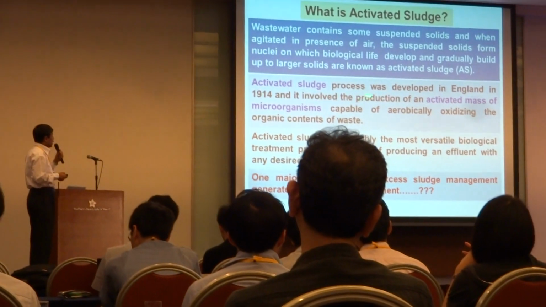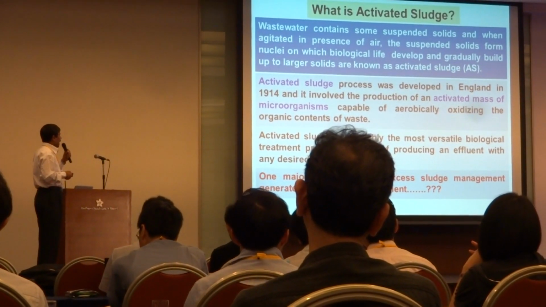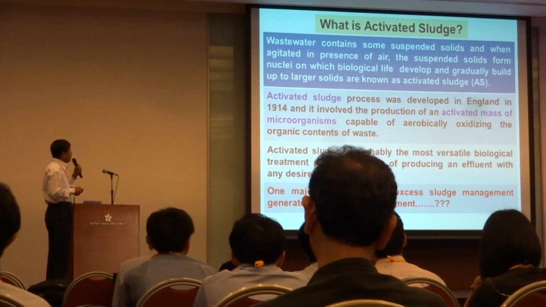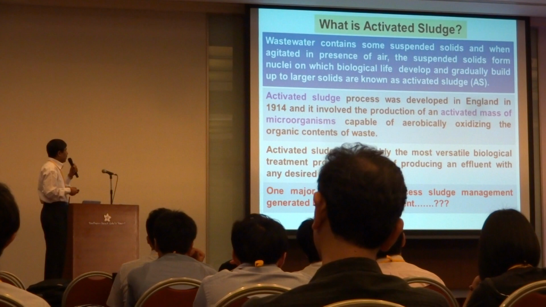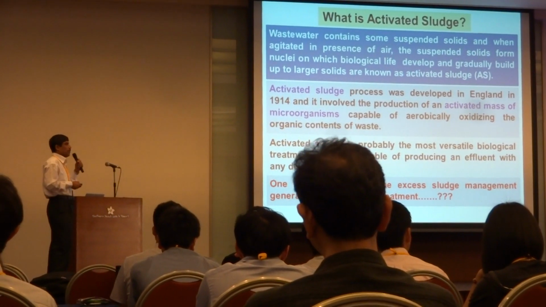The activated sludge process was developed in England in 1940, and it involved the production of an activated mass of microorganisms capable of aerobically oxidizing the organic contents of waste.